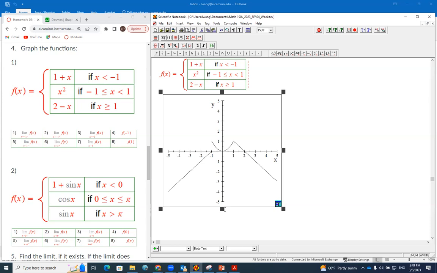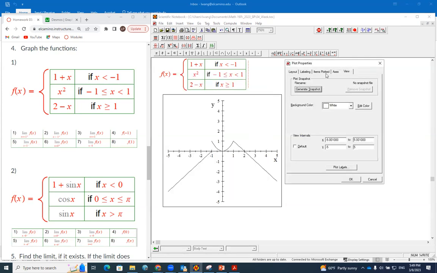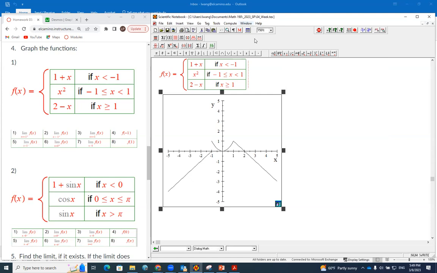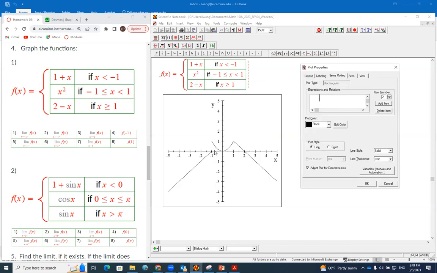So at -1, I need to put a circle there. You don't have to use this software, you primarily do it by hand. So I add a point, which is at (-1, 0). That should be a point with a circle.